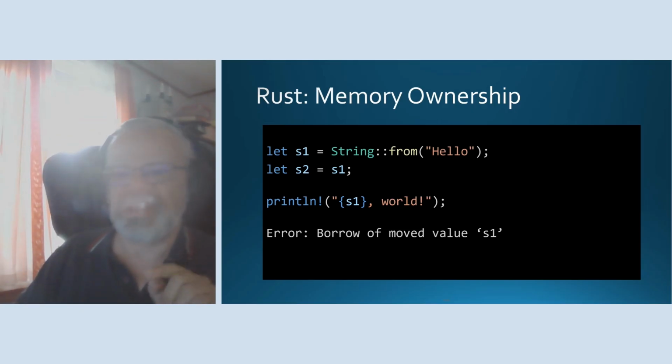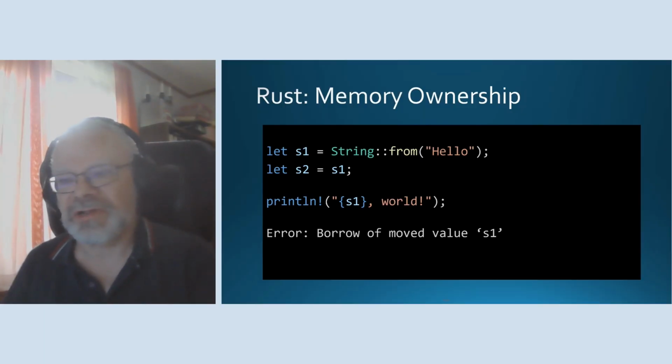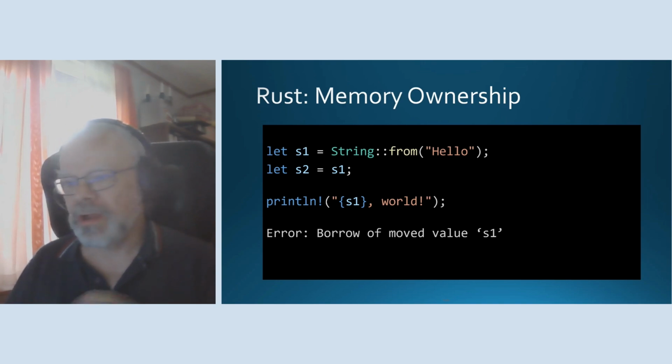Here we first declare a string, s1. It's a string allocated on the heap. s1 is the owner of this string. And then we set s2 equal to s1.